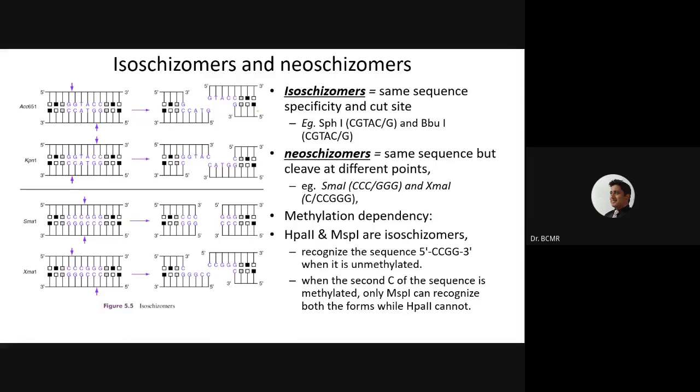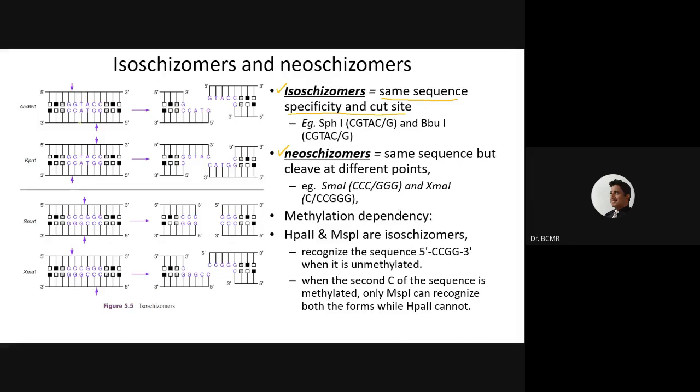So there are things called isoschizomers, neoschizomers, and also isocaudomers. I don't know if I have it here, but anyway. Isoschizomers recognize the same sequence and they cut in the same place.